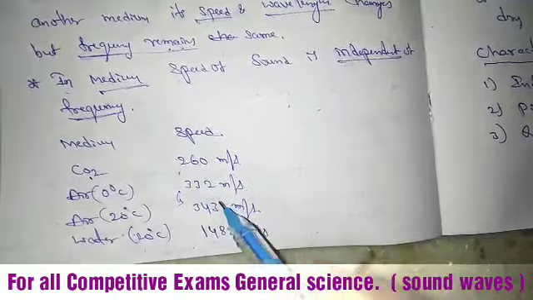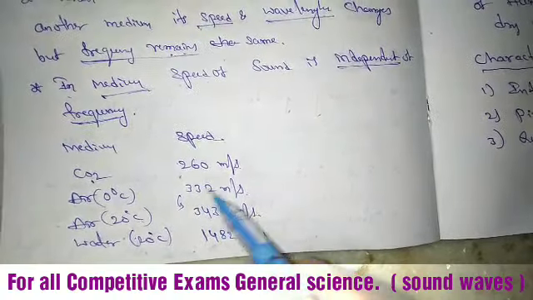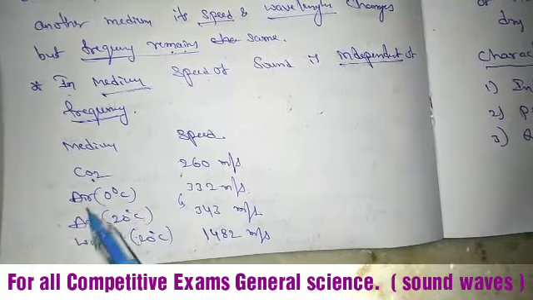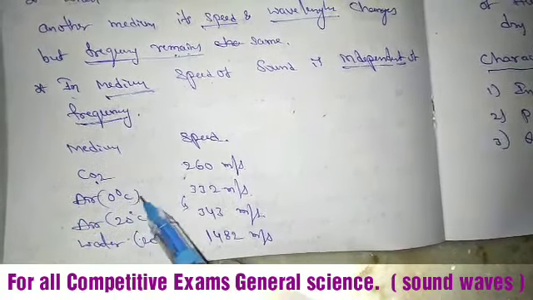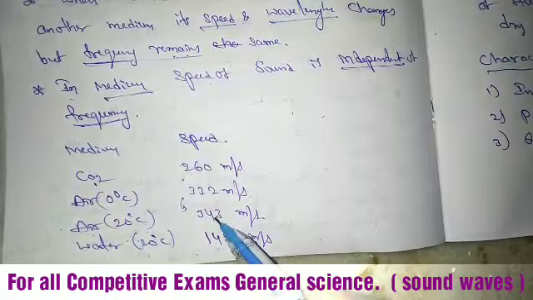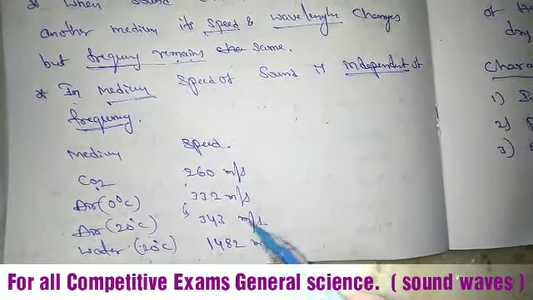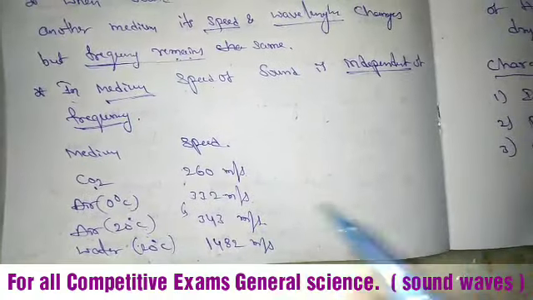You can observe the increase in the speed of the sound, 332 and 343, in the same air medium, but the temperature varies. Temperature increases, speed also increases. How much, I will discuss in the next part.